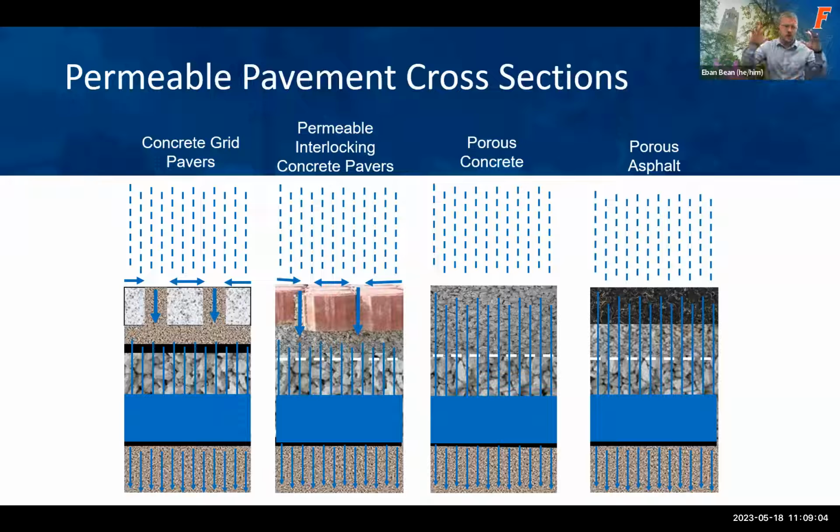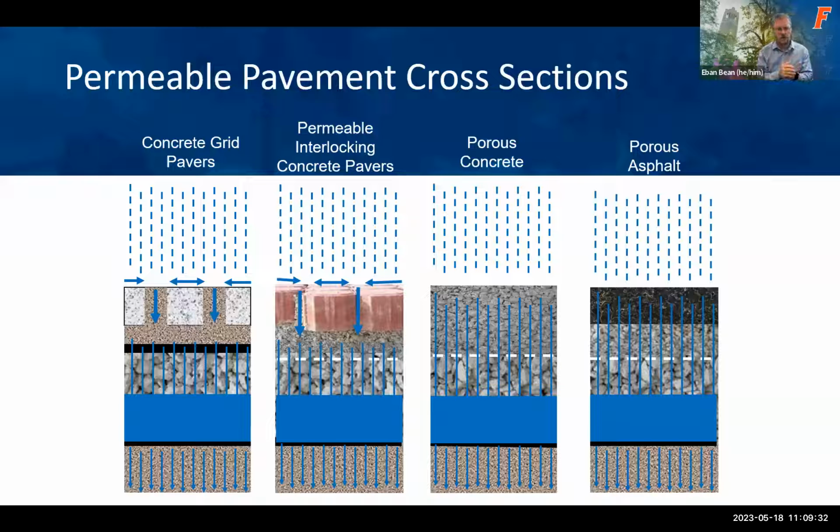So with each of these types of pavements, the concrete grid pavers are just another type of the grid pavement system. We have permeable interlocking concrete pavers, porous concrete, and porous asphalt. With the concrete grid pavers and permeable interlocking concrete pavers, the configuration of the pavers allows for void spaces at the surface for the water to either flow between the pavers or through the paver itself.